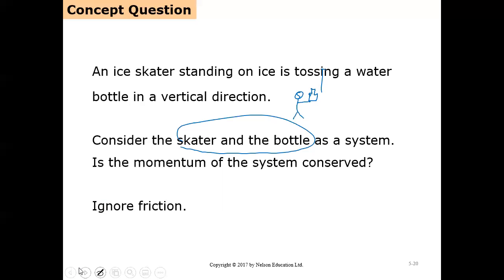For this system, can you say the total momentum of the bottle plus the skater, if it is some value before she tossed the bottle up, is going to be the same after she tossed the bottle up? This is the question. The answer is no. But tell me, why do you say no? What is the condition for conservation of momentum?